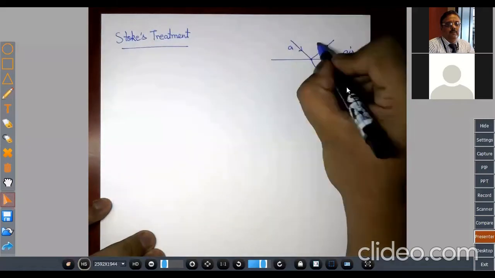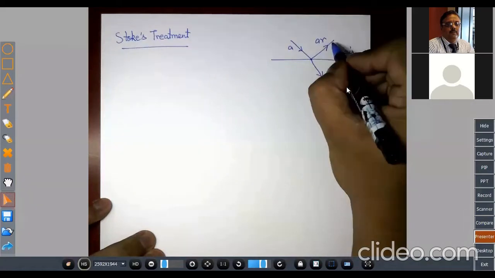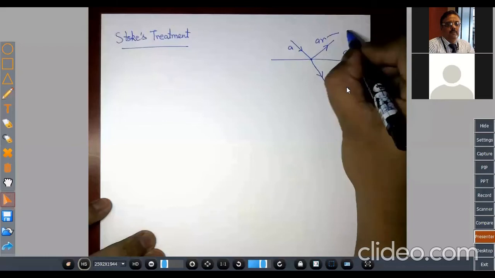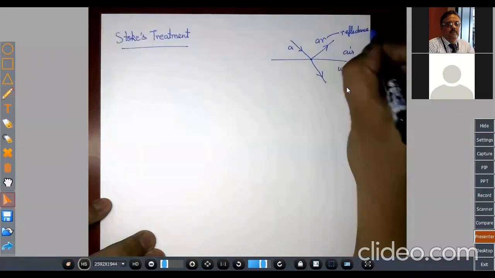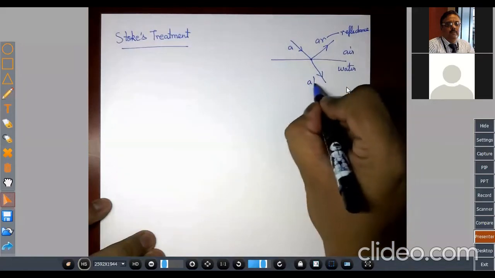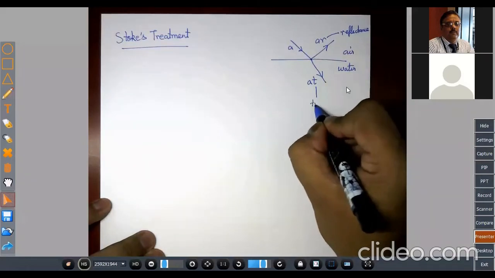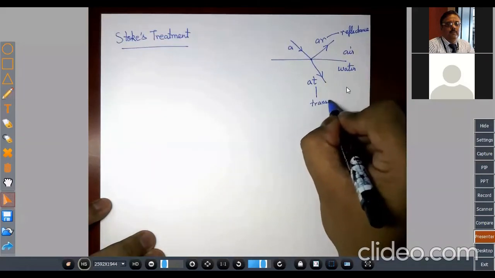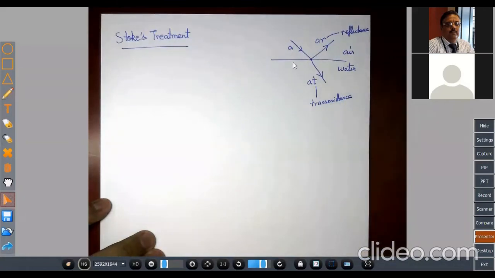The reflected part will have an amplitude A into small r, where small r is called the reflectance. The transmitted wave will have an amplitude A into small t, where small t is called transmittance.